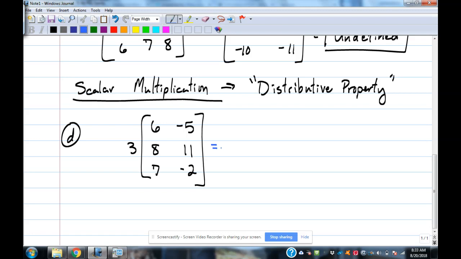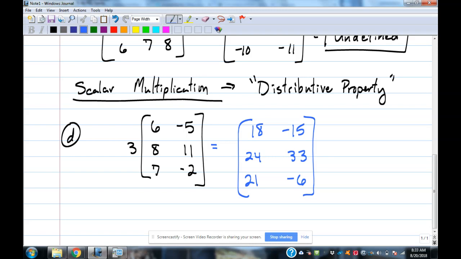Again, something I normally don't do in the calculator. 6 times 3 is 18, negative 15, 24, 33, 21, negative 6. The matrix doesn't change sizes. Get you back a 3 by 2, just like you started with. The scalar just multiplied to everybody on the inside. That's all that's happening there.